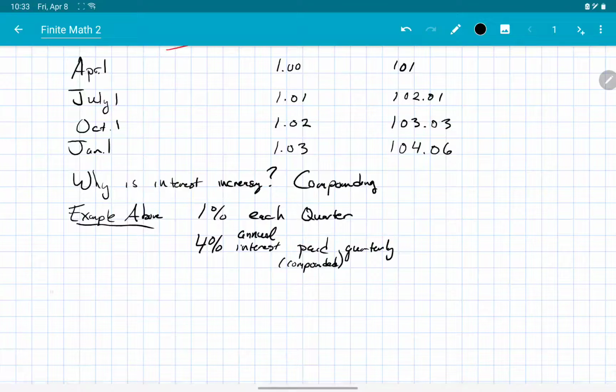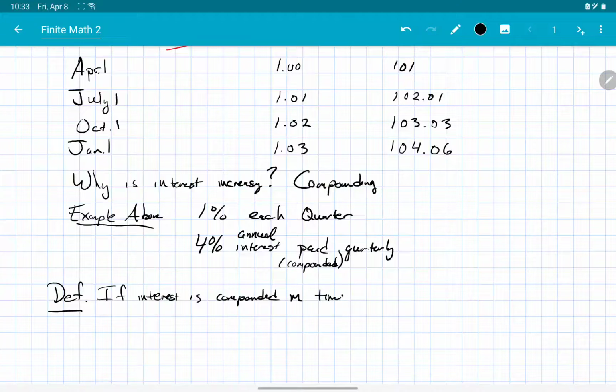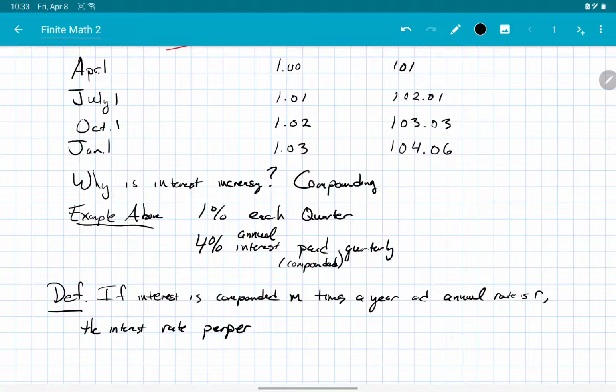So this leads to a formula which is simple. If interest is compounded m times a year, and the annual rate is r, then the interest rate per period is I, we often use, and it's going to be r over m.